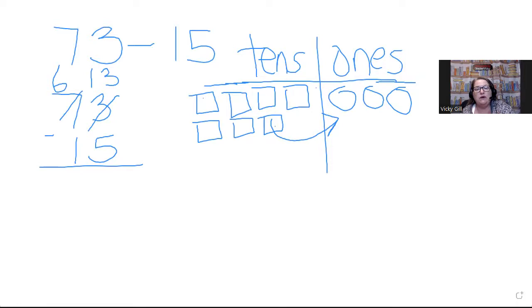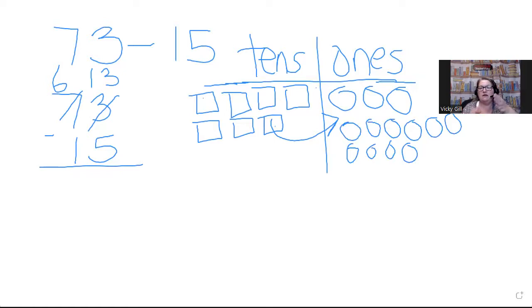So the tens went from 7 tens to 6 tens, and this becomes 1, 2, 3, 4, 5, 6, 7, 8, 9, 10. So now I have 13 ones and 6 tens. That's the same thing that she did on the paper.